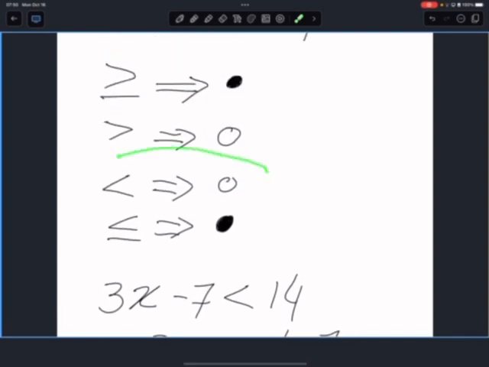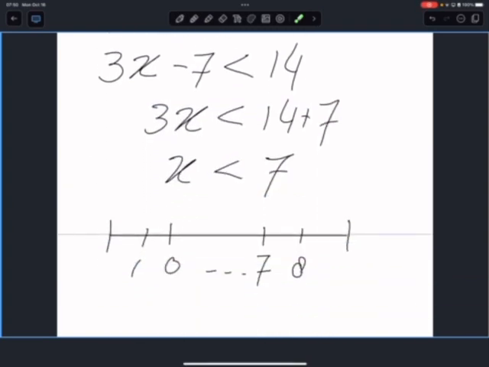And if I look at my symbol task, it has to be an open circle, and it says every answer lower than 7. That open circle means 7 does not count, because if I place 7, the answer would be 14. I do not want 7. Anything below 7, 6.9, 6.999, 6.998, 6.17, anything that's below 7, your answer shall be less than 14.